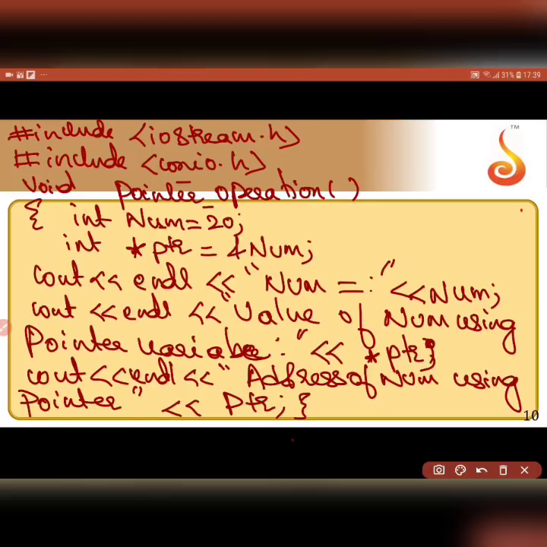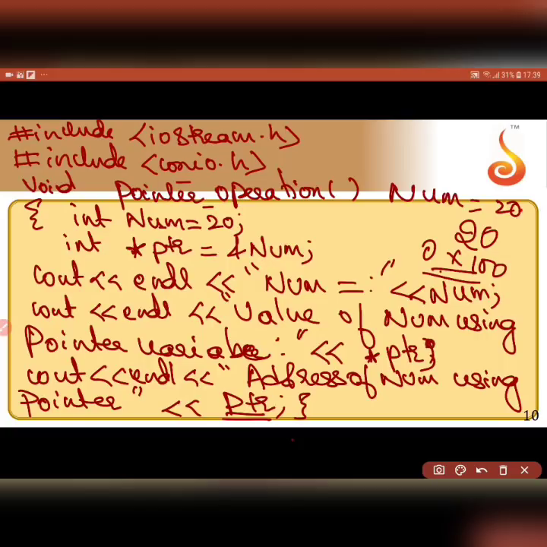The output would be num is equal to 20. Second one, the value of num using pointer will give me 20. The next one will give me 0x, some memory location. It will give me a hexadecimal number because only ptr will give me the memory location to which it is pointing to.